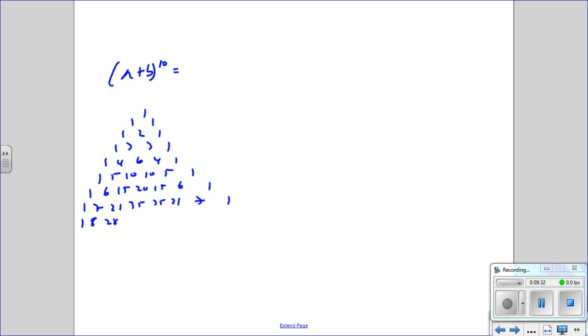But again, this doesn't seem very efficient, because it's definitely sped up time, but I have to draw this triangle every time, don't I? I could do it, but I don't really want to do that every time, and that's why we need a generalized formula.